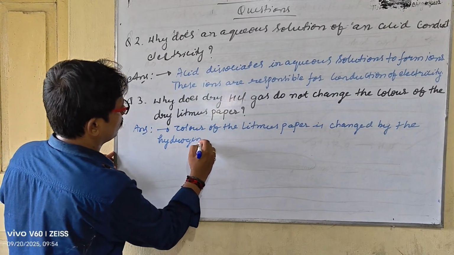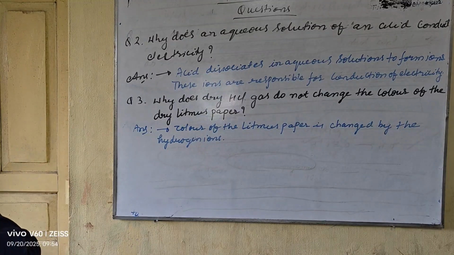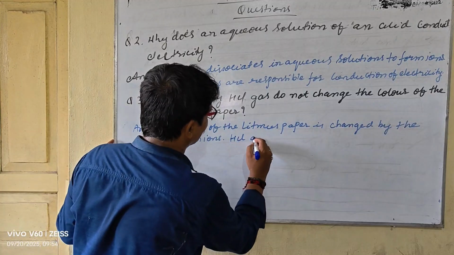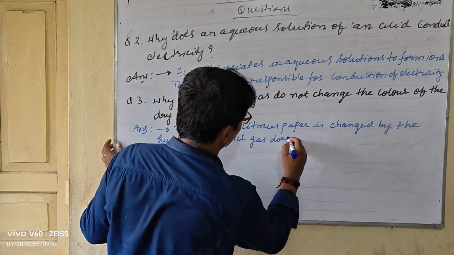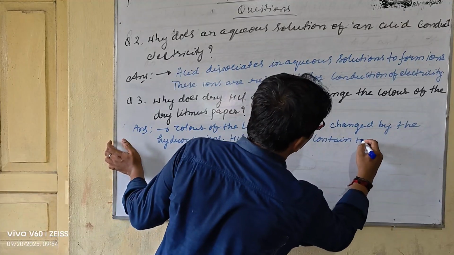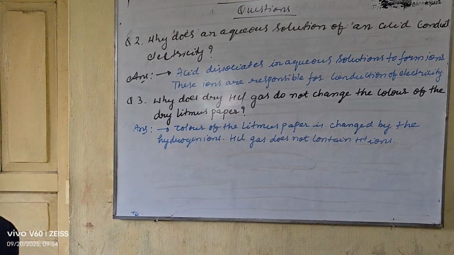This is the main reason for the change of color. So, my dear students, HCl gas does not contain H+ ions. So this is the main reason.